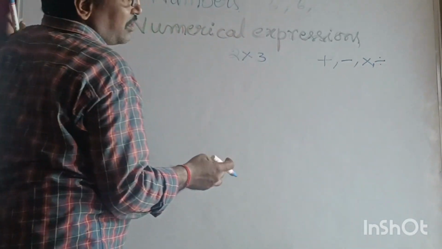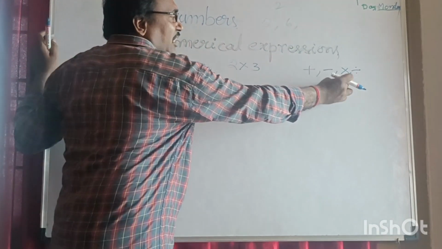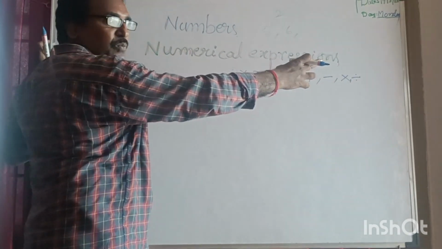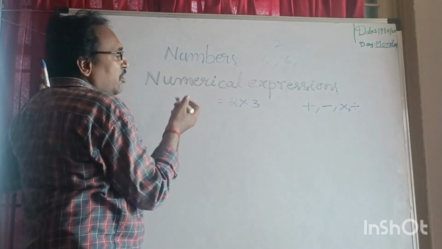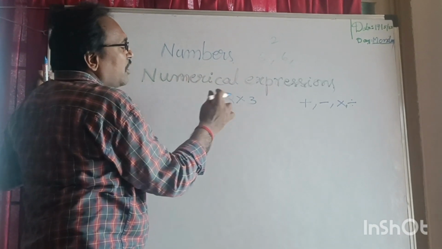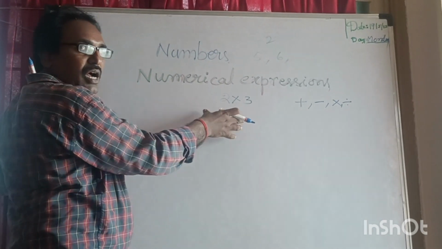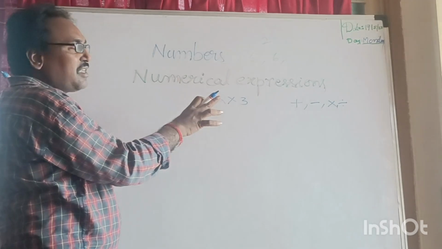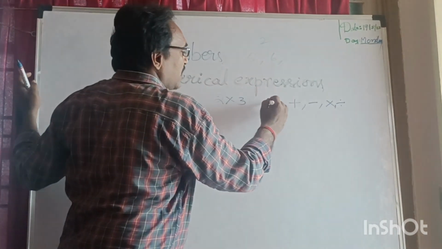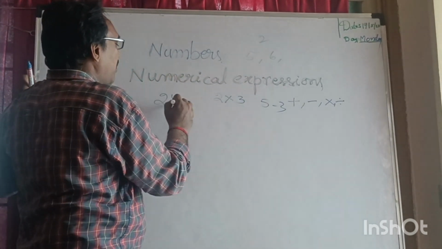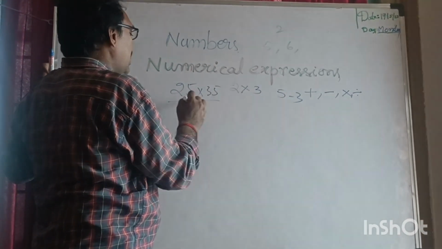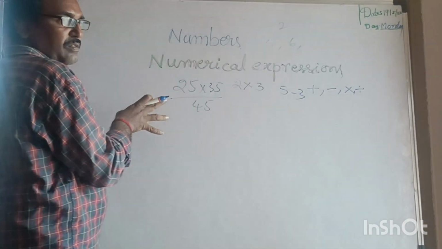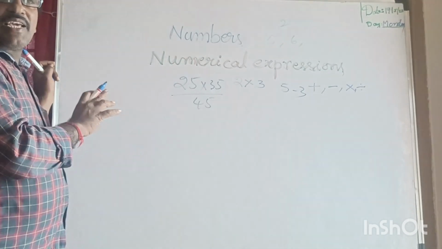See, 6 is equal to 2 into 3. So 2 into 3 is some expression, 5 minus 3, 25 minus 36, or 35 divided by 45. This is called a numerical expression.